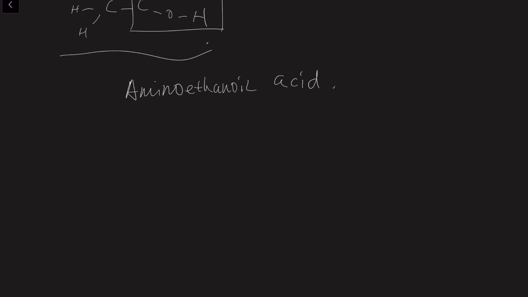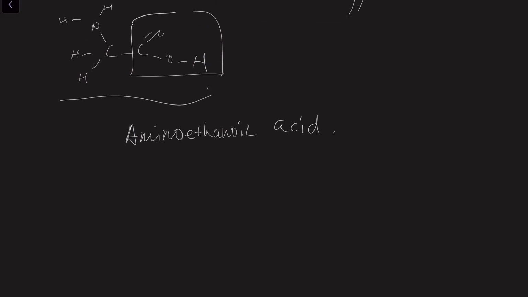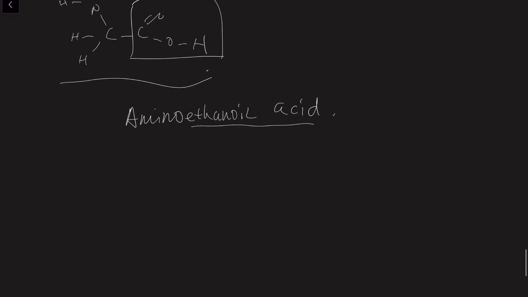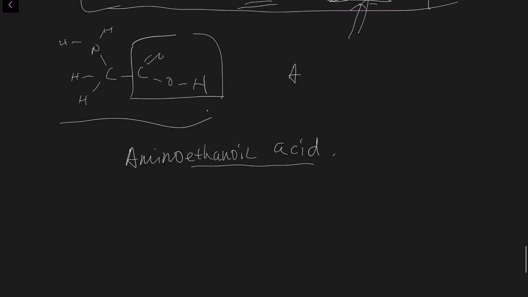You don't need to give the position number because we know that the acid group can only be at the end. Since we only have 2 carbons, there's only really one possibility. So this is an example of an amino acid, and it is the building block of proteins.